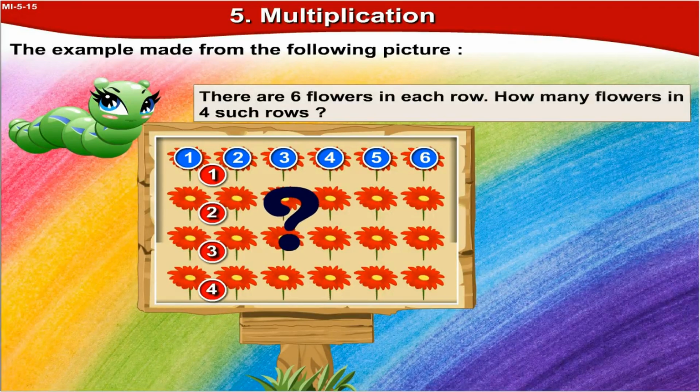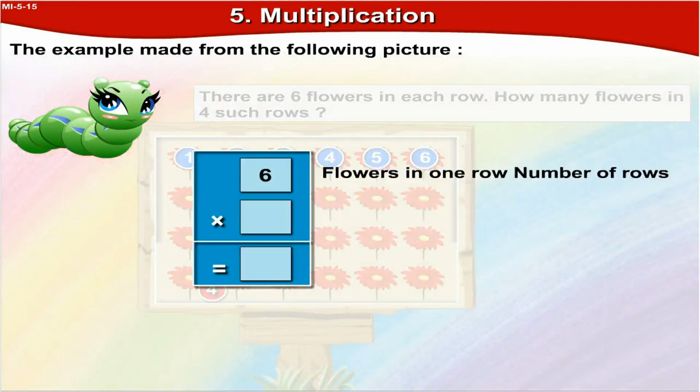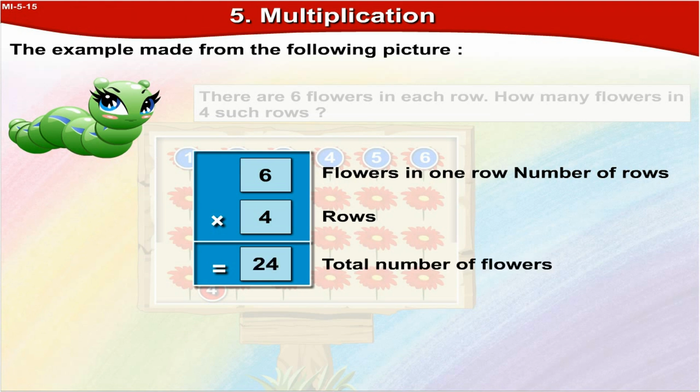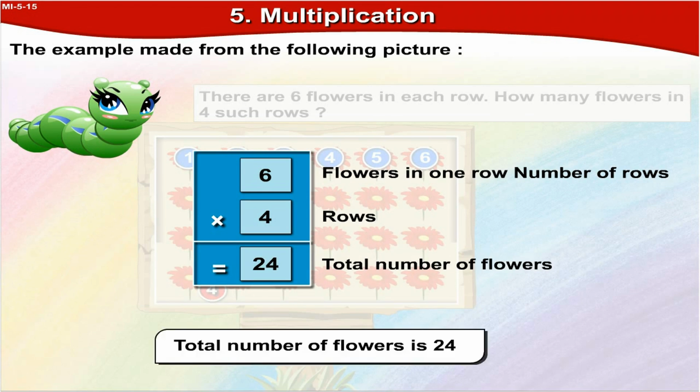Well, 6 flowers in one row multiplied by 4 number of rows. So it is 6 multiplied by 4. 6 multiplied by 4 is equal to 24. So there are 24 total number of flowers.